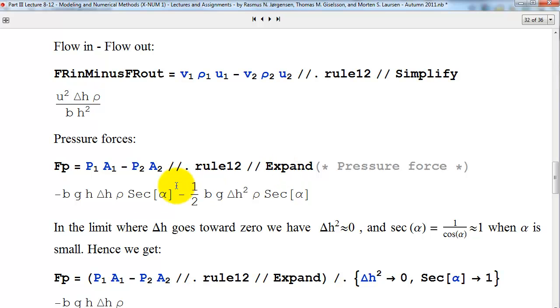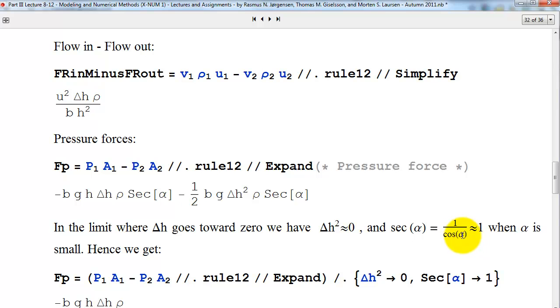So what you end up having is this relation, but then, as I said earlier, this little one, delta H, goes towards 0. And when you multiply that or square that, you assume that is 0. So that will kind of get rid of this part. And what you also know is that this part here is the same as 1 divided by cosine alpha.